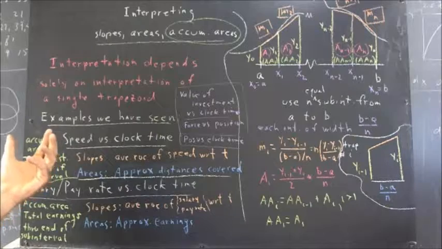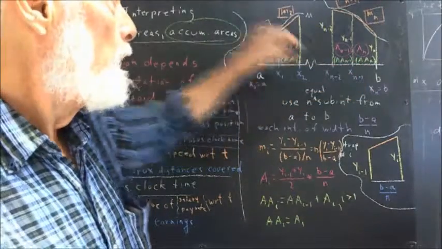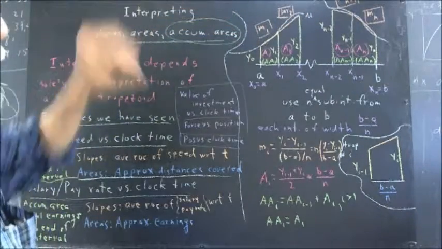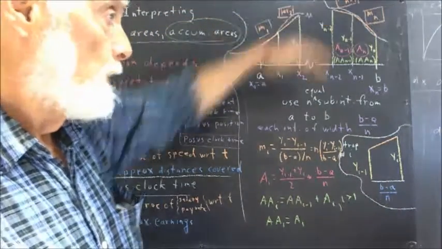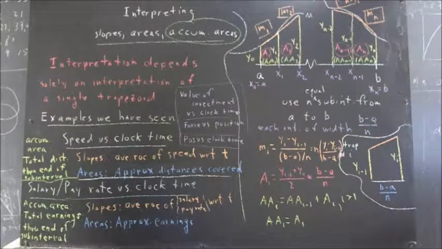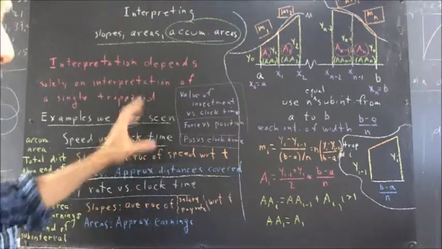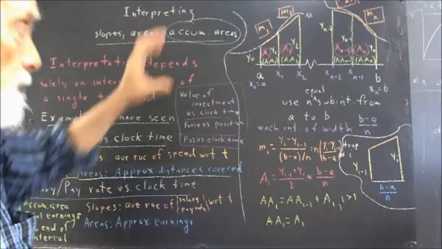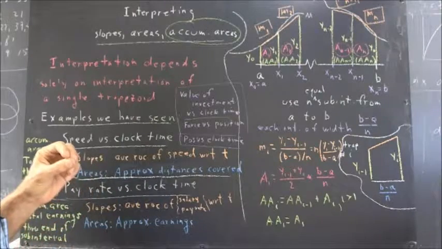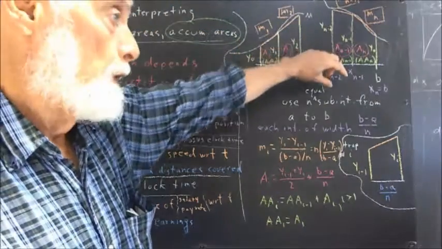The point is that if the intervals are short enough, then our trapezoid slopes are going to be good representations of the actual slopes of the graph and the quantities: rate of change of speed with respect to time, rate of change of salary with respect to time, rate of change of force with respect to position, etc. The slopes of the individual trapezoids will be good approximations if the intervals are short enough.